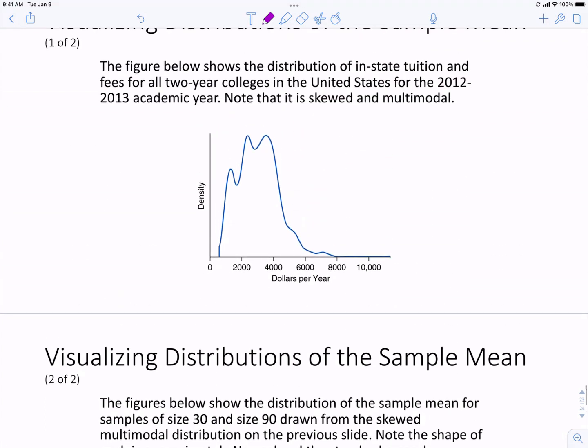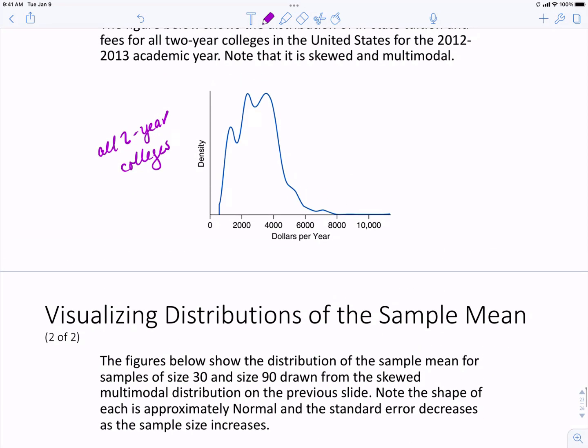So this is a picture of all 2-year colleges. In the first graph, we've taken a sample of size 30, so we've taken 30 colleges from this group: college 1, college 2, college 3, etcetera, 30 colleges.